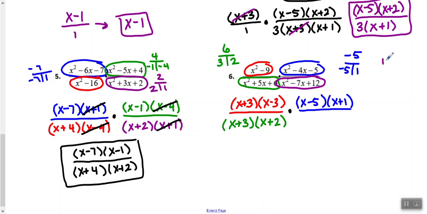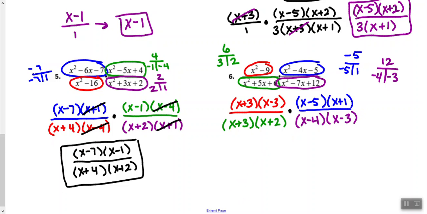So what multiplies to 12 but adds to negative 7? And that would be negative 4 and negative 3. So it's really important that you know your multiplication tables, but again, you can always use your calculator to find the factors. So the bottom is x minus 4 and x minus 3.